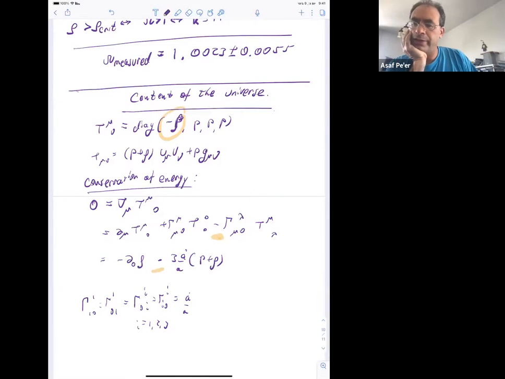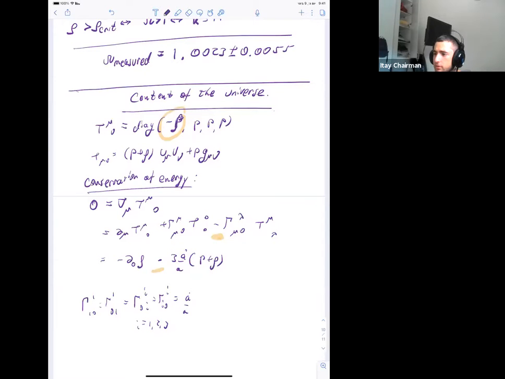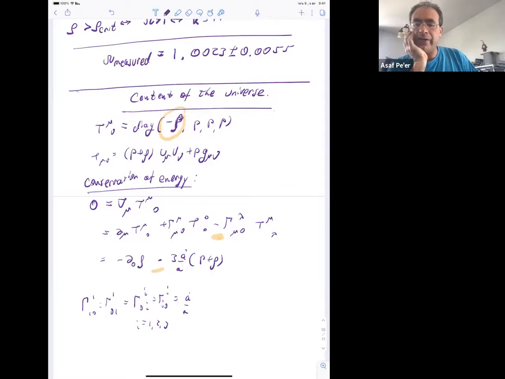What do we call such an equation? What equation that we know in physics connects the pressure and the energy density?